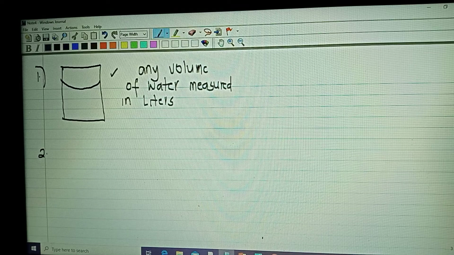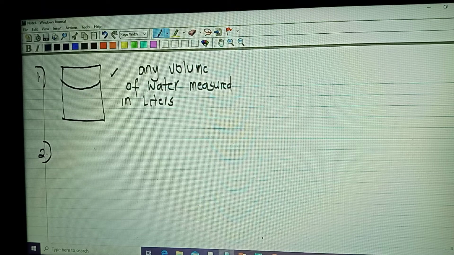Now, in figure number 2, so that we can understand what a volume of distribution is, you have to follow the figure. Let's add any amount of drug measured in mass or units, because actually, class, you cannot estimate the volume of water. To further understand the concept of volume of distribution, that is why I am drawing it. In figure number 1, let's imagine a volume of water measured in liters.